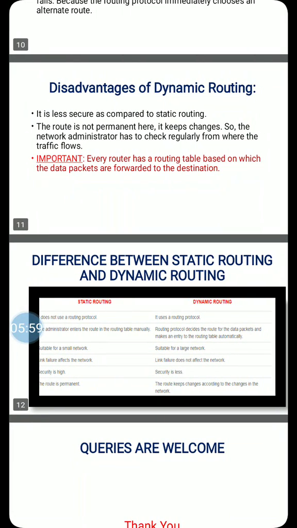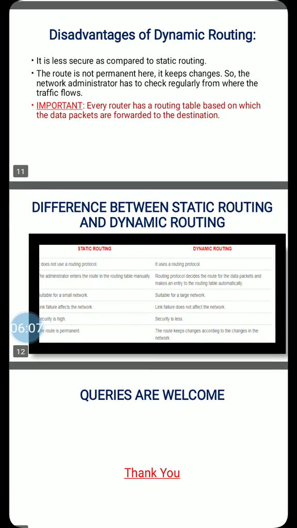Here we have the comparison table that shows the difference between static routing and dynamic routing. The first column is static routing and the second column shows dynamic routing. The first difference is that static routing does not use a routing protocol, but dynamic routing uses a routing protocol.